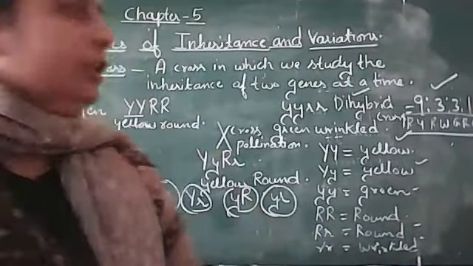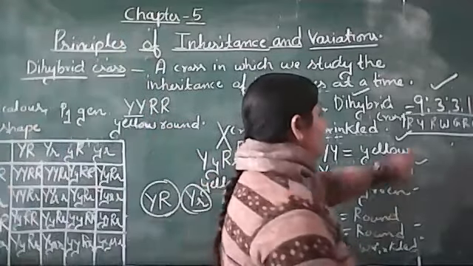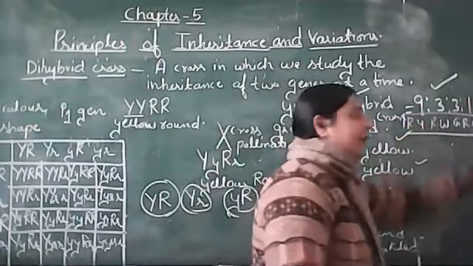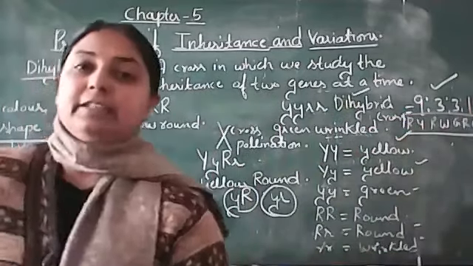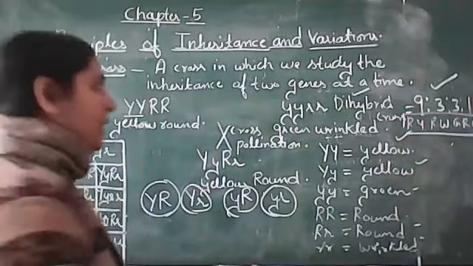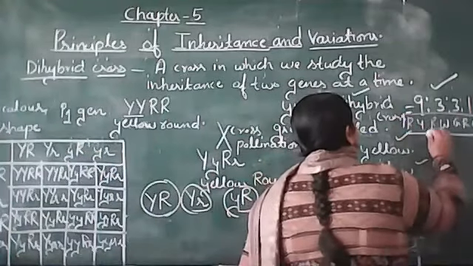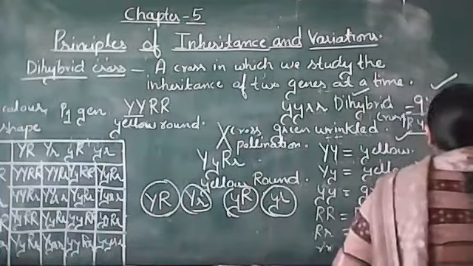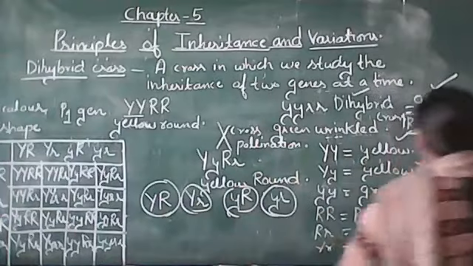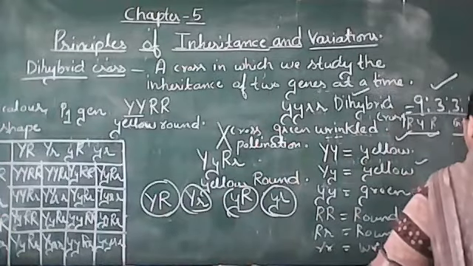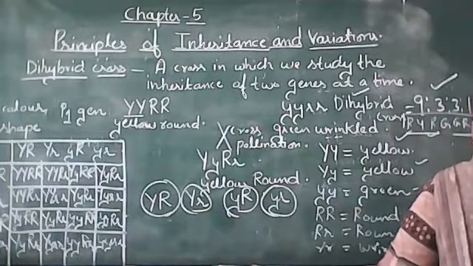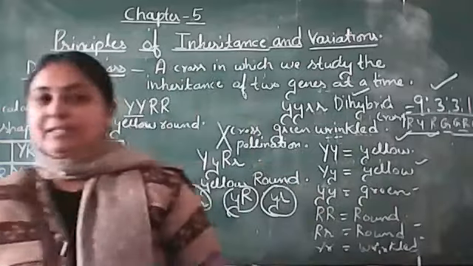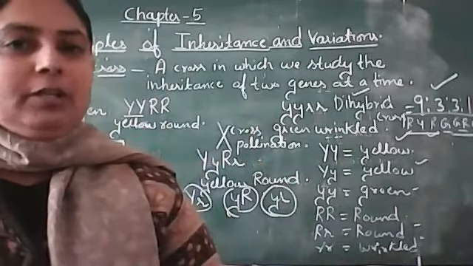So what we observe is that the ratio equivalent to 9, which are round yellow, and the ratio equivalent to 1, which are green and wrinkled, are actually the parental characters. And the other two combinations, where round comes along with green, and yellow comes along with wrinkled, are the non-parental type of combinations.